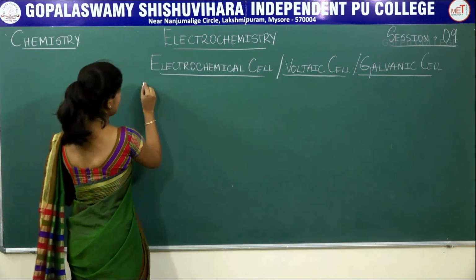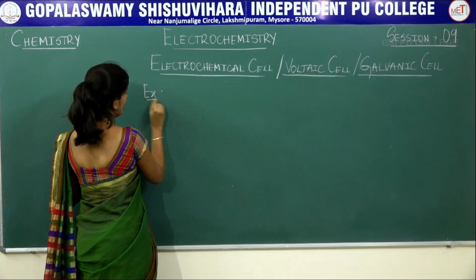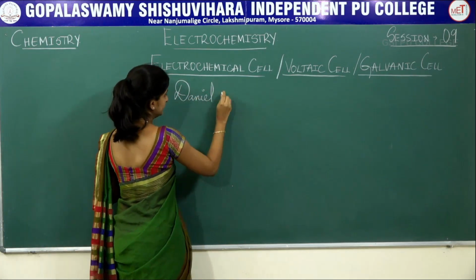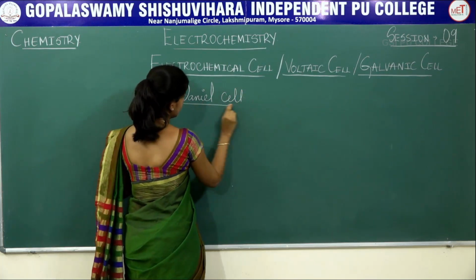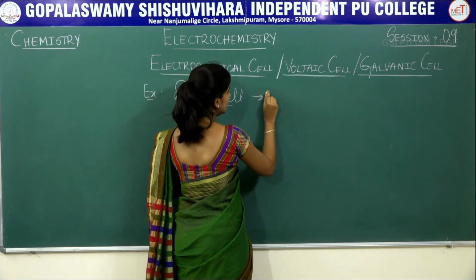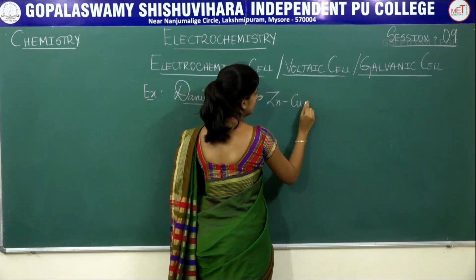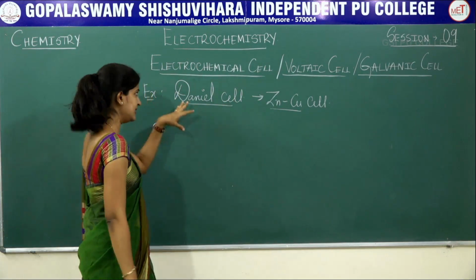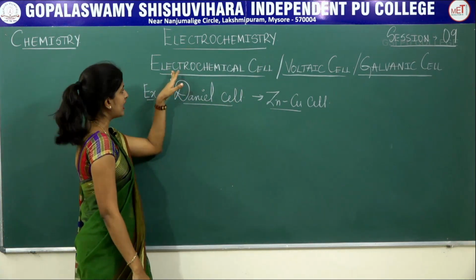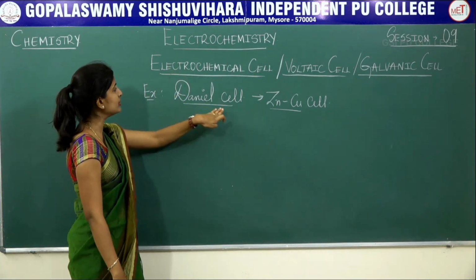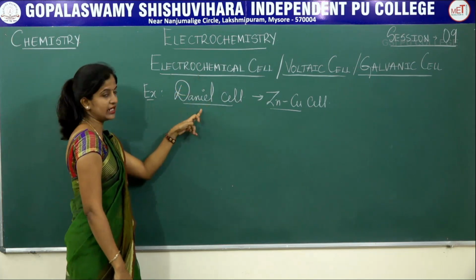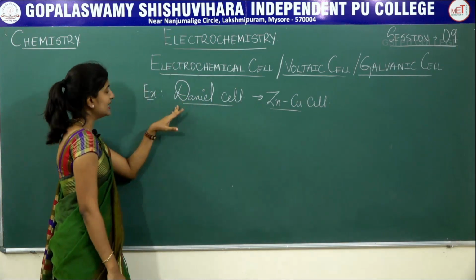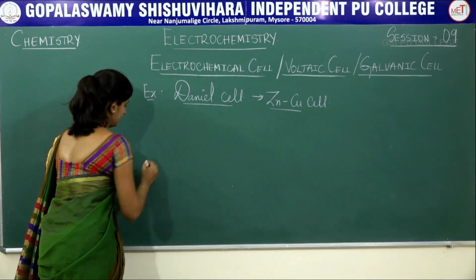Here we are taking the example of the Daniell cell. It's a zinc copper cell, just an example of an electrochemical cell. It has the same working principle as an electrochemical cell. So let us see what this Daniell cell is.